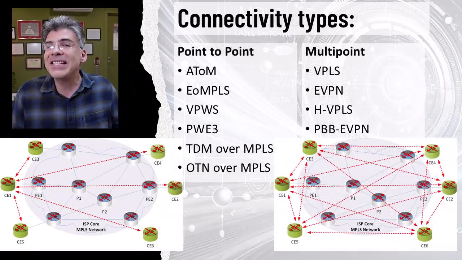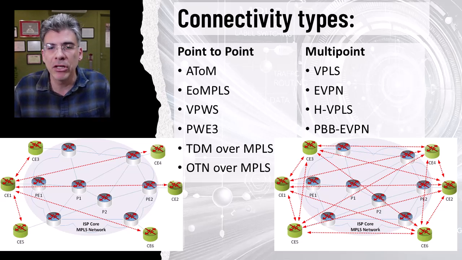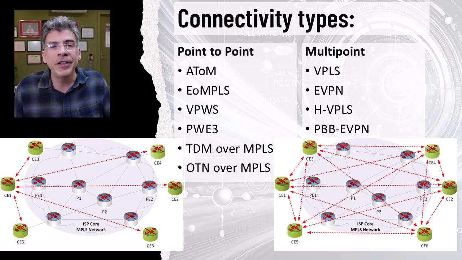Now, all of these technologies fall into two categories, essentially the point-to-point and the multi-point technologies, as you can see them grouped here. Now, all of these fulfill a whole spectrum of different needs and capabilities for providing connectivity, covering a wide range of Layer 2 protocols and use cases over MPLS infrastructure.